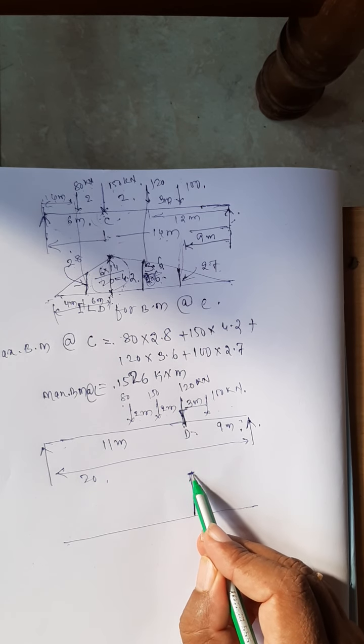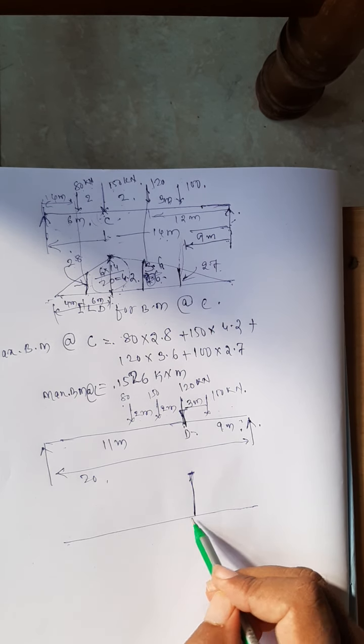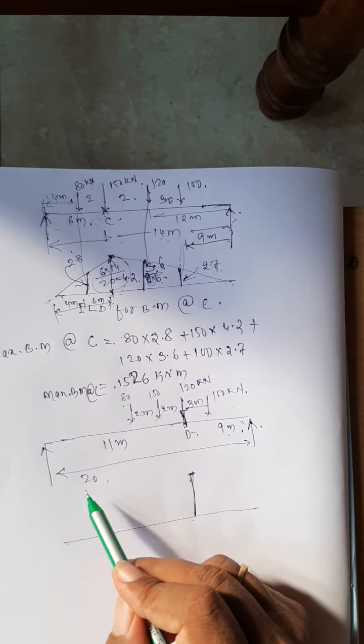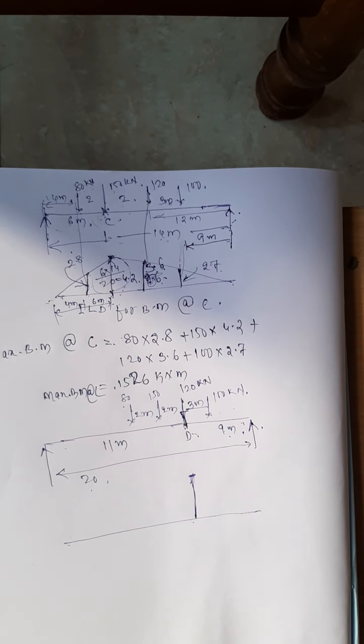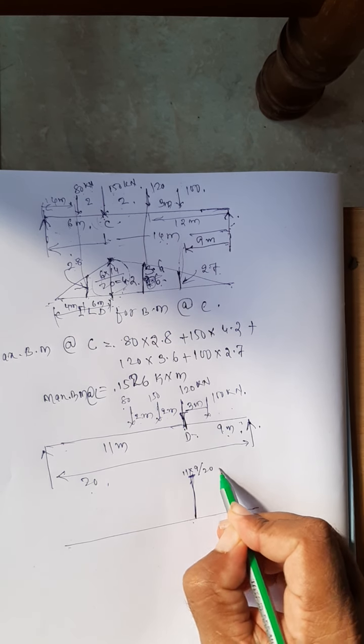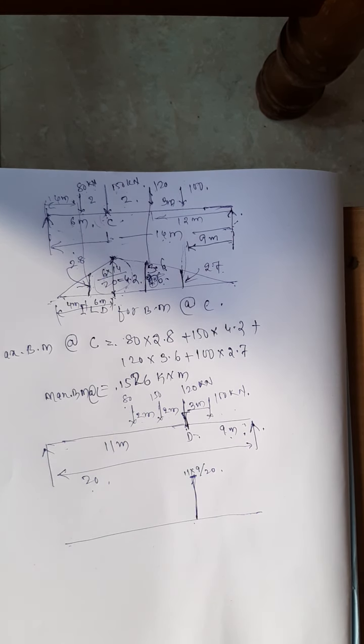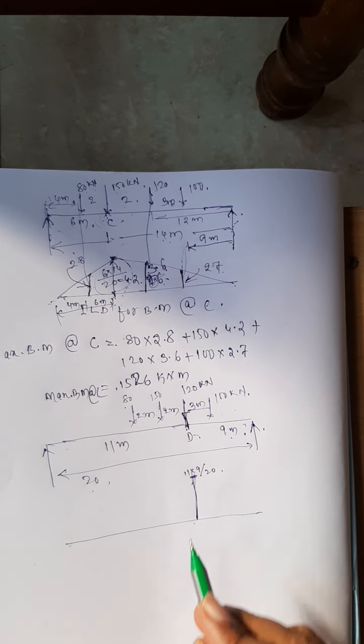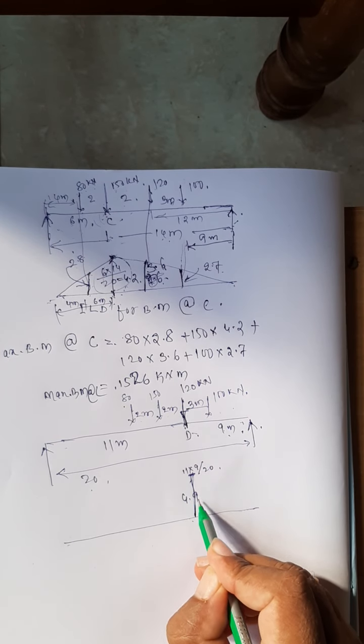What is this number? First I need to calculate. It is 11 into 9 divided by 20, which comes to 4.95.